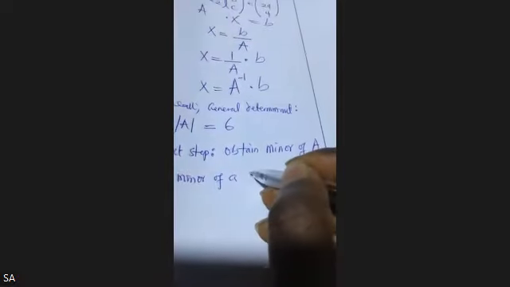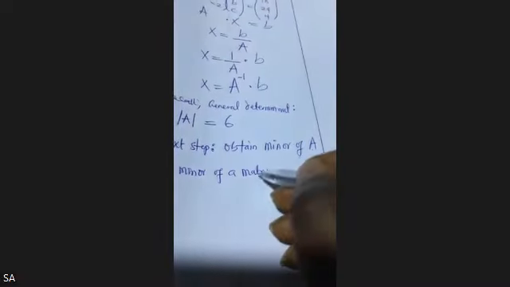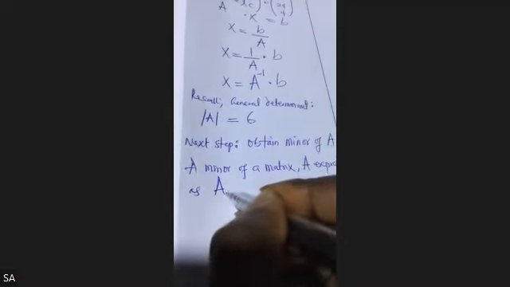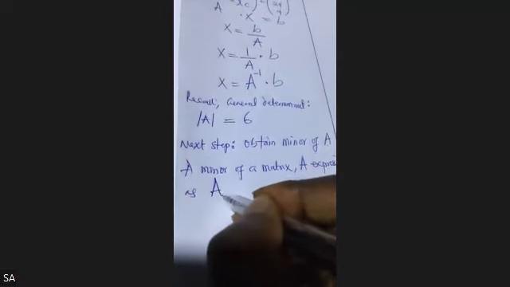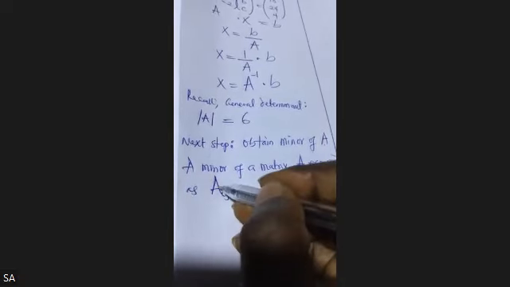A minor of a matrix, take note of this. We are dealing with matrix A. A minor of a matrix A, which is expressed as A_ij. This A is the matrix itself.